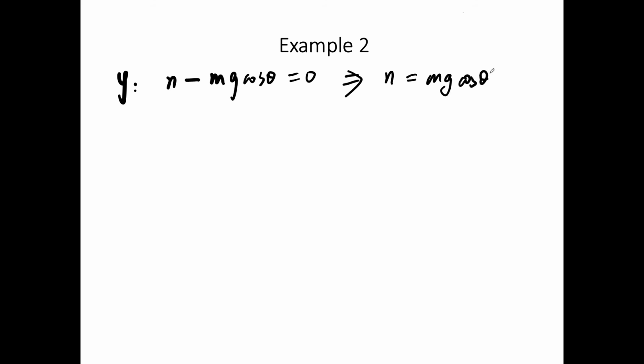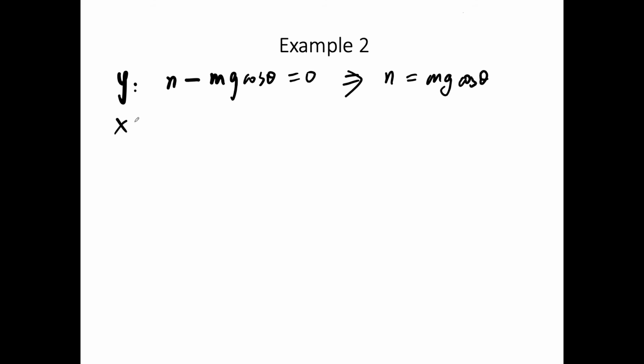In the y direction, net force equals 0. Normal force plus the y component of mg, which is negative mg cosine theta, add up to 0. We find the normal force is mg cosine theta.